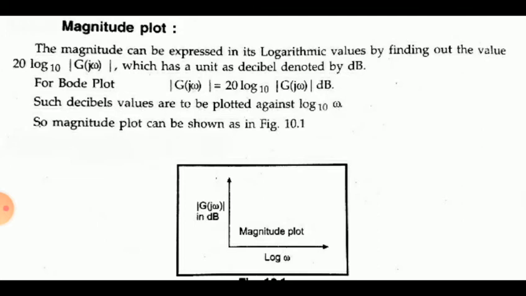Such decibel values are to be plotted against log to the base 10 omega. So you can see in a magnitude plot on the x-axis there are logarithmic values of the frequencies, and on the y-axis there is the magnitude expressed in dB. So that is regarding the magnitude plot.